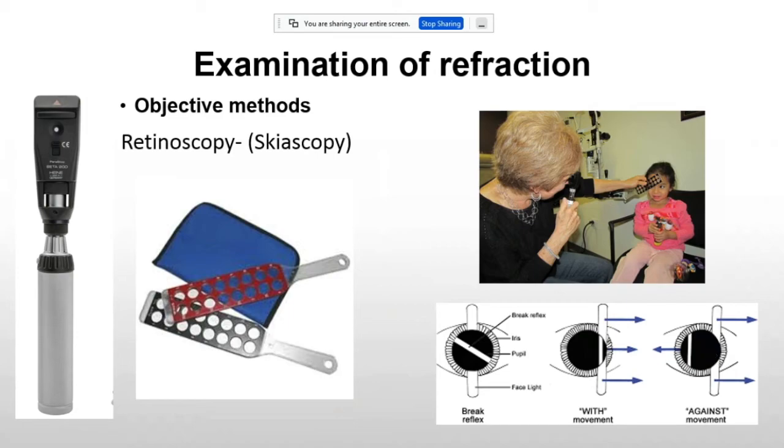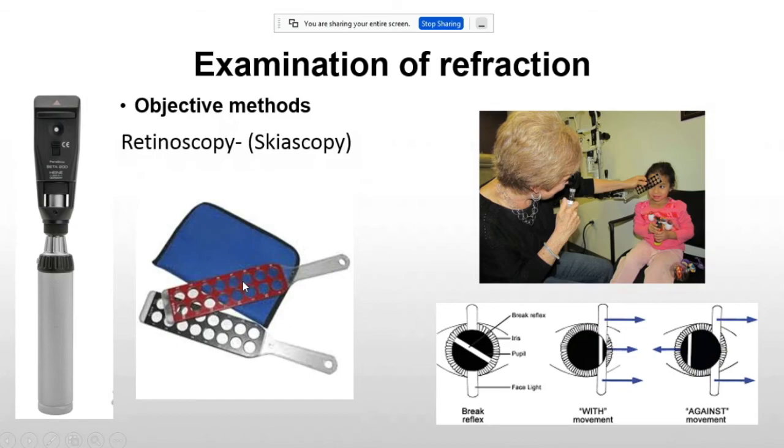Imagine, because the distant point of clear vision of myopia of more than 1 diopter is between the eyes of the examiner and the examined. So they cross, and when you move the shadow, you get the against movement. So against movement, you have only myopia of more than 1 diopter, and you use this minus scale.